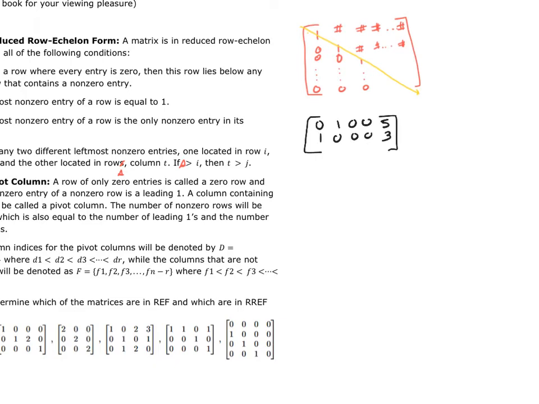That is not in reduced row echelon form because it fails number 4. Number 4 says that these 2 rows need to be switched for this to be in reduced row echelon form.